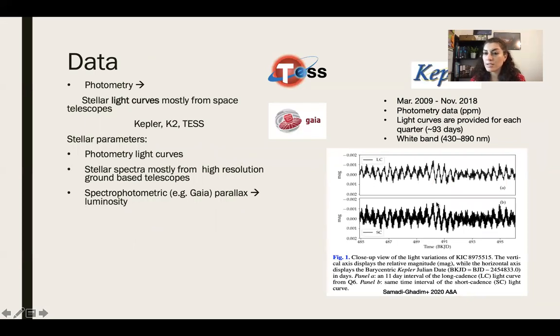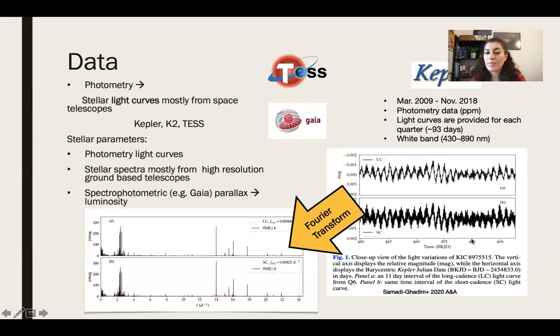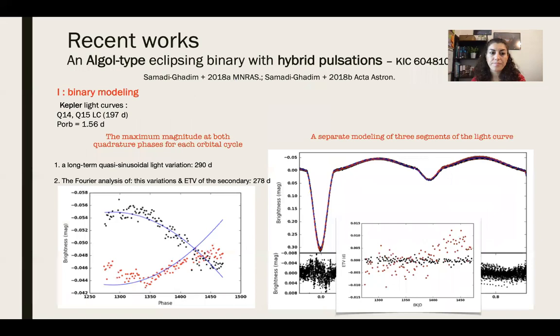Our tool to study the stellar pulsation is the Fourier transform. We convert this time series to the frequency regime, and to study the low frequencies, we normally convert the frequencies to the period regime too. We use other types of observations normally to have more information about the stellar parameters for the stars that we are going to detect the pulsations for.